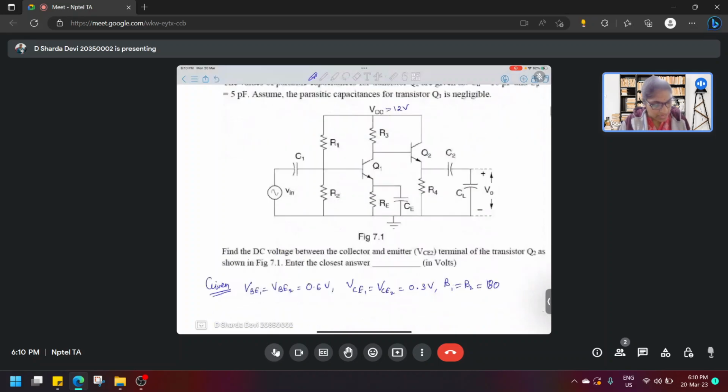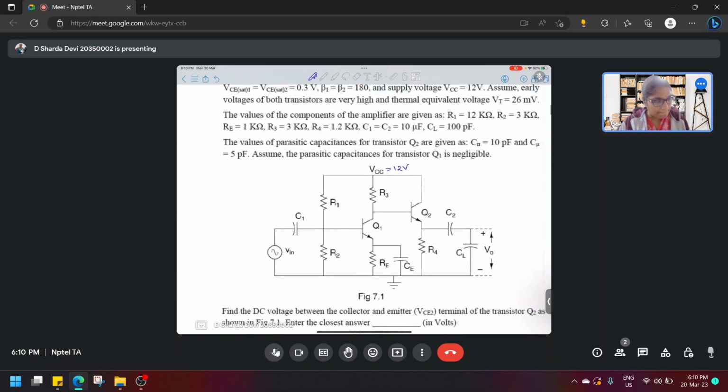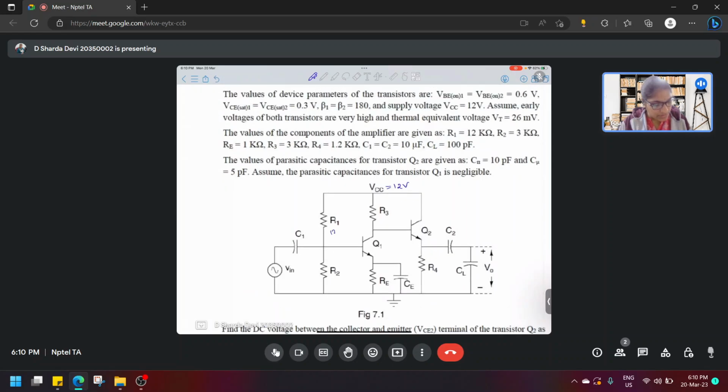With this we have VT of 26 millivolts, R1 is 12 kilo ohms, R2 is 3 kilo ohms, RE is 1 kilo ohm, R3 is 3 kilo ohms, R4 is 1.2 kilo ohm, C1 and C2 are 10 microfarad each. CL is 100 picofarad.